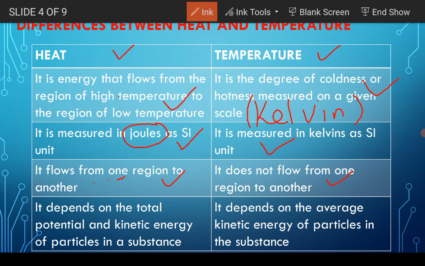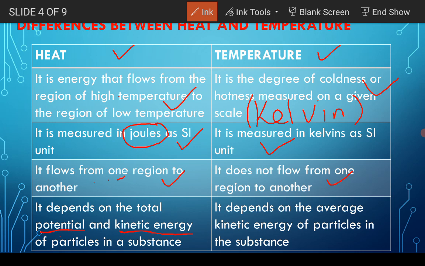Another difference is to do with energy again. Heat energy depends on both potential energy and kinetic energy. Remember, potential energy refers to the energy due to the relative positions of the particles in a particular substance.